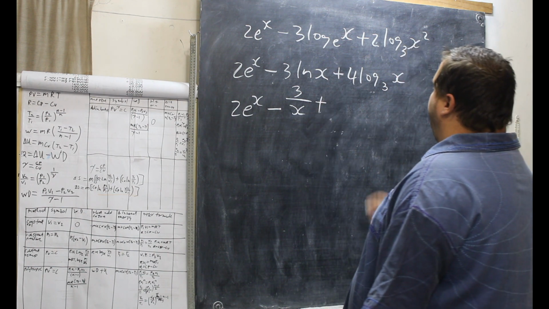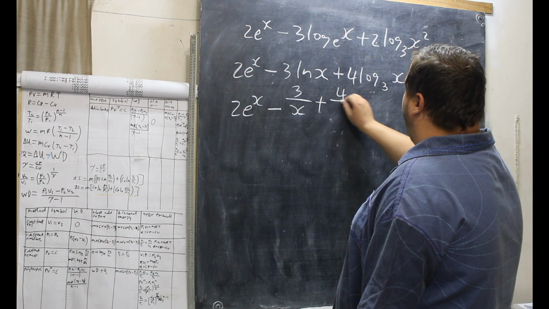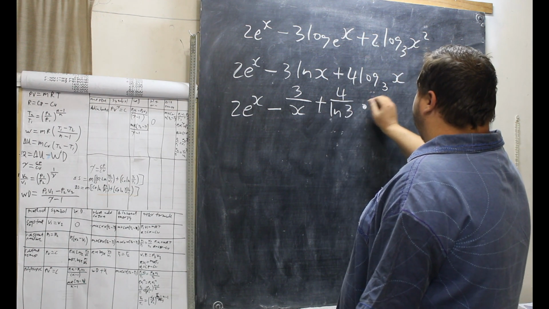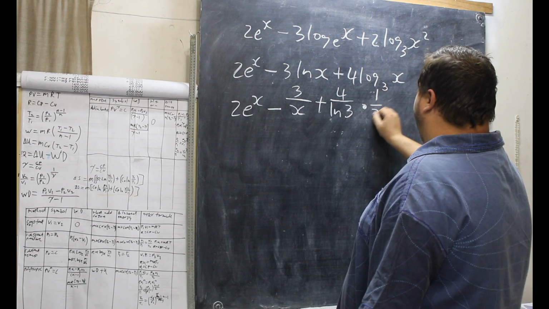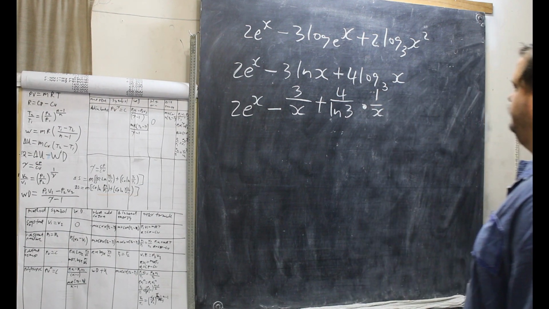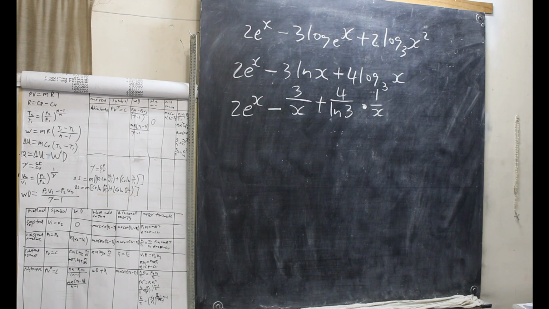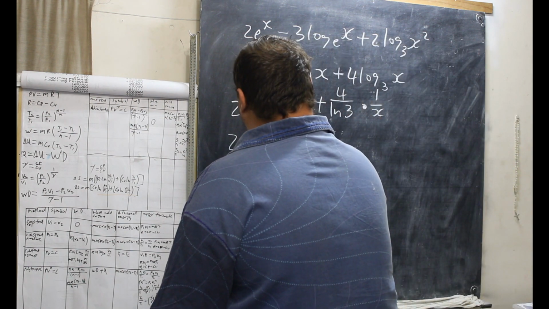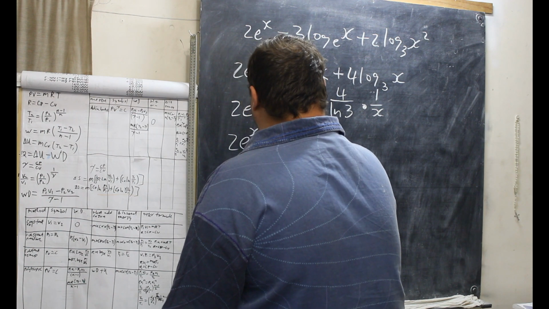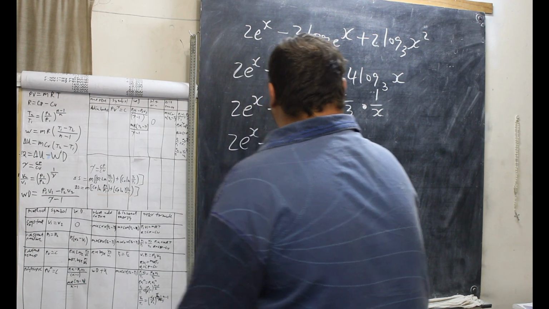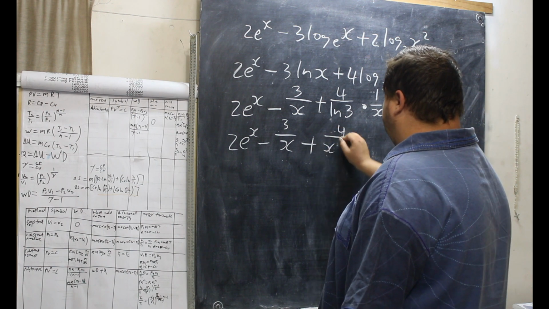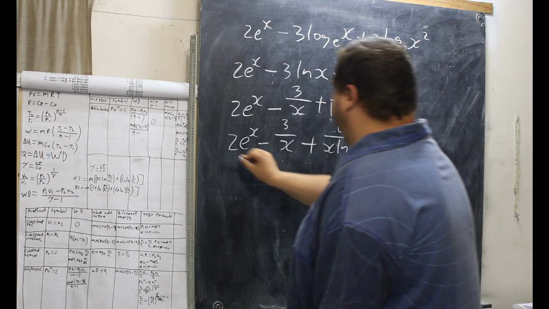Plus, now it'll be 4 over ln 3 times 1 over x. Or you can write this whole thing a little bit differently as 2e to the x minus 3 over x plus 4 over x ln 3.